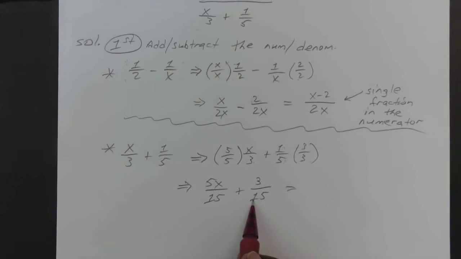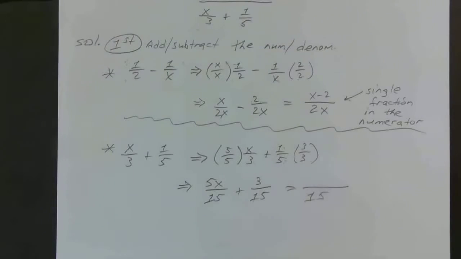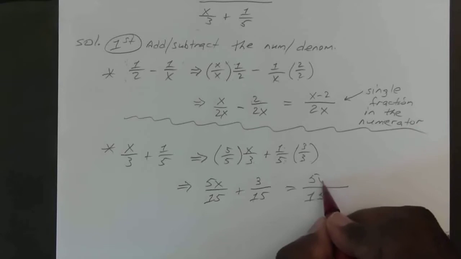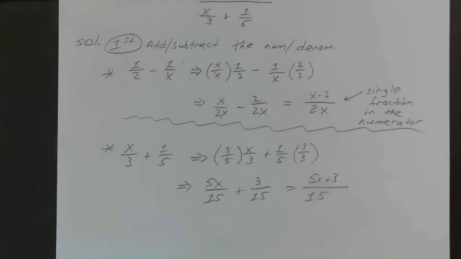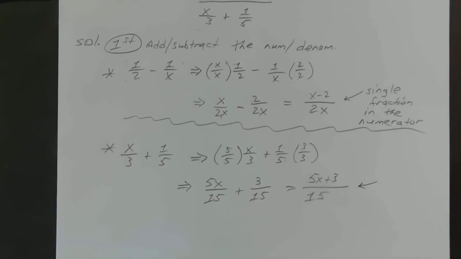Okay, so if your denominators match, your answer is just going to be something over 15. And you just add your numerators. So you have 5x plus 3. Okay, so now we have our single fraction in our denominator.